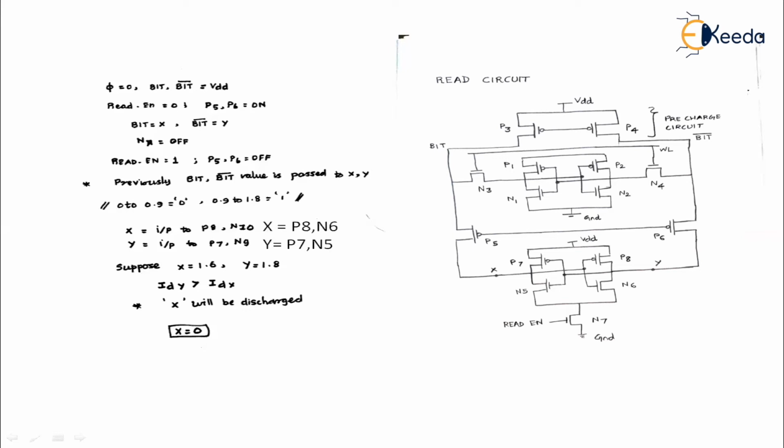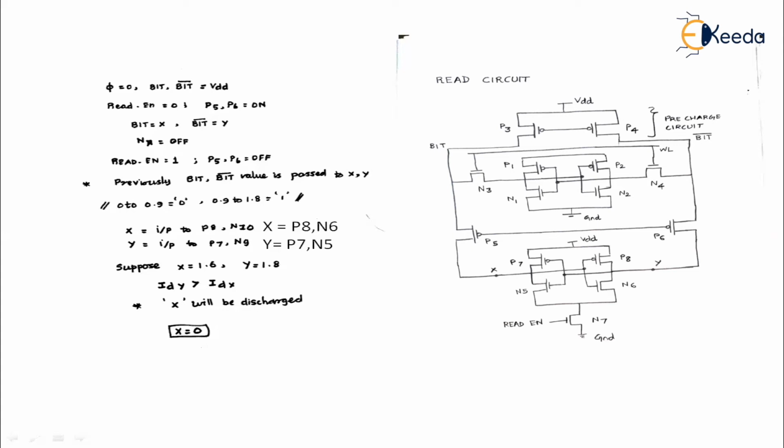I'm assuming, right? So which device will have the larger drain current? X is having a value of 1.6, that is acting as an input for P8 and N6. So this inverter is getting 1.6, whereas this inverter is getting 1.8. Which will discharge fast? The one which is having the higher voltage will discharge fast, which means the drain current of Y will be larger than your IDX, right?